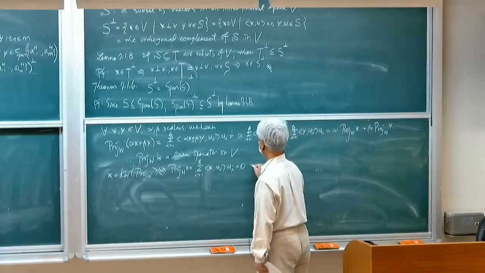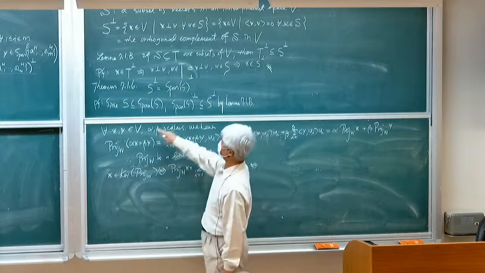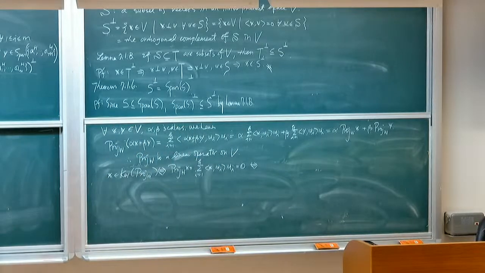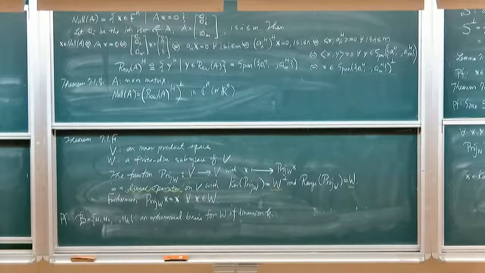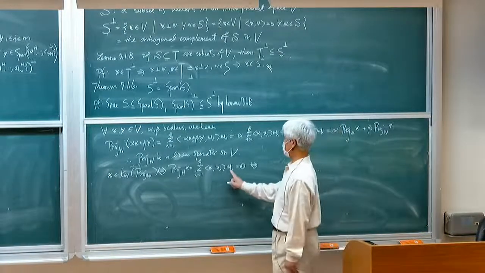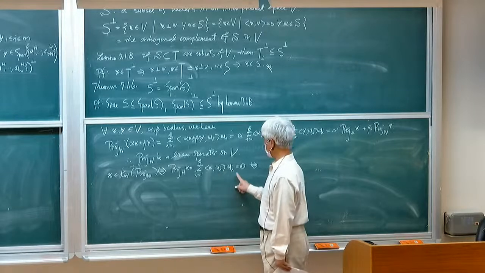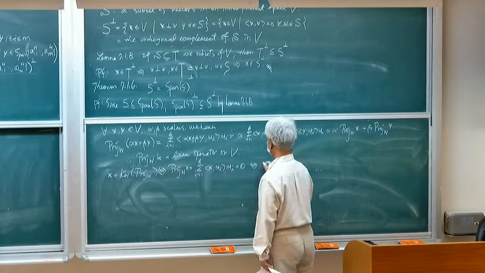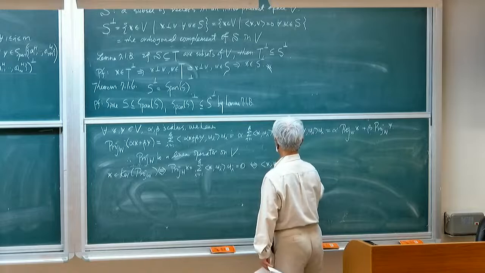But this is if and only if because the u_i's are basis vectors, so the basis is linearly independent. So this is a linear relation on the basis. So this says that x · u_i must be 0 for all i.